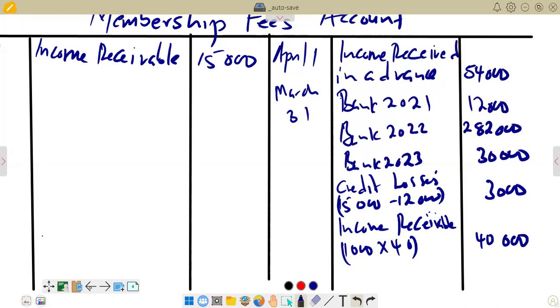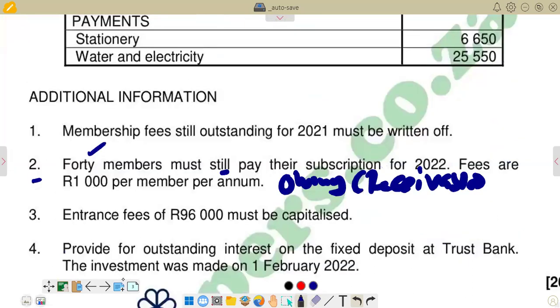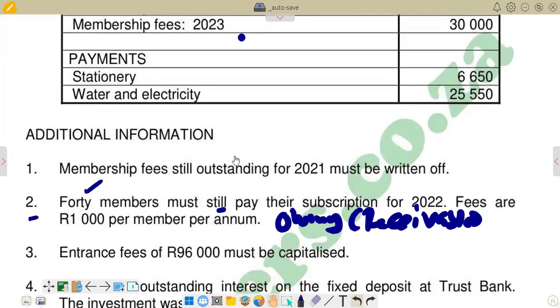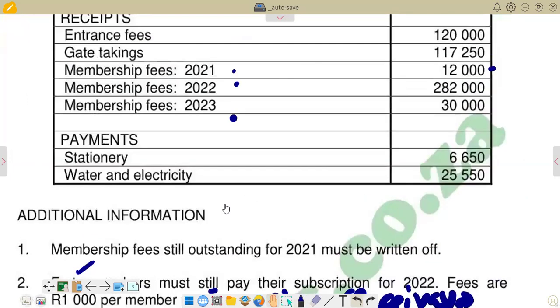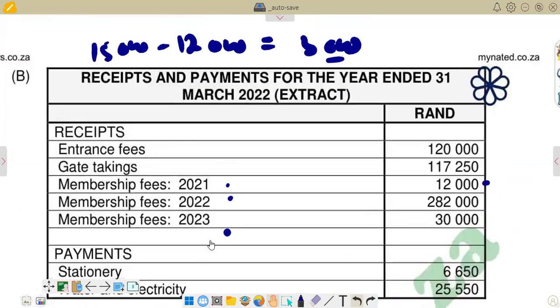When we go back again, we are also supposed to check for the closing balance for the one that is paid in advance, that is received in advance. On the information that we are given, the period that we are in is 2022. Remember, this is the receipts and payments for the year ended 1 March 2022.